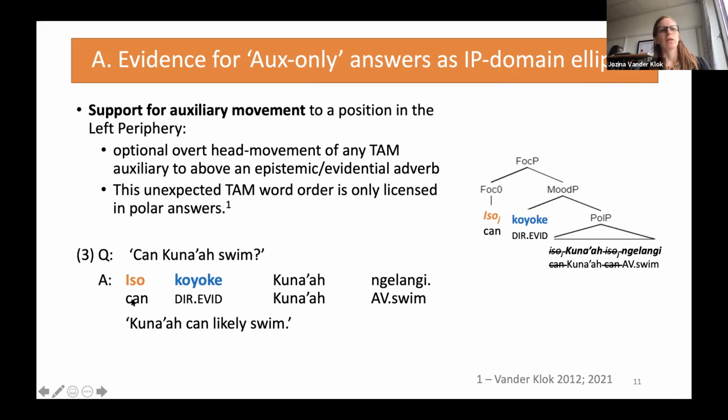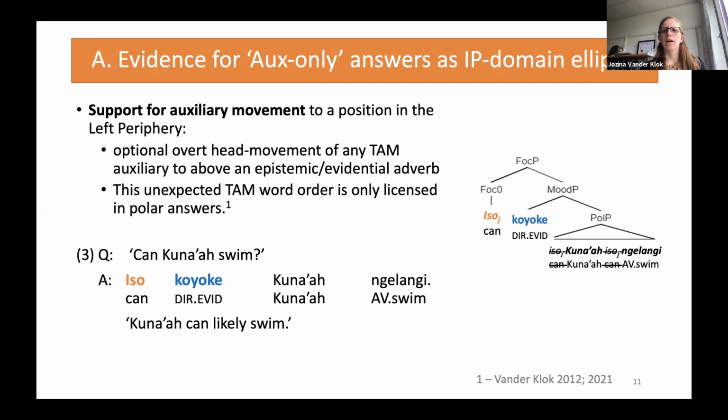Here you see that the TAM auxiliary is above an epistemic or evidential adverb, and in the tree, it must take IP or TP as its scope, so you'll see I've put it in the specifier of MoodP, for example.